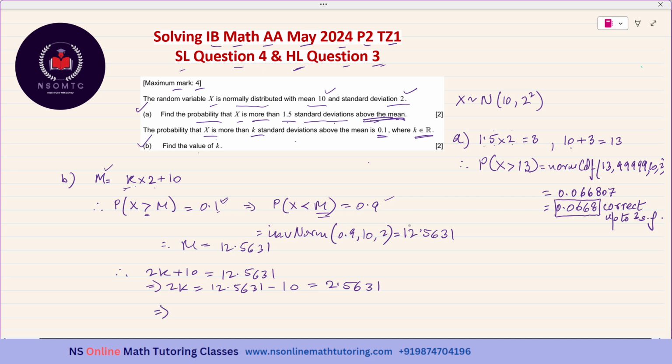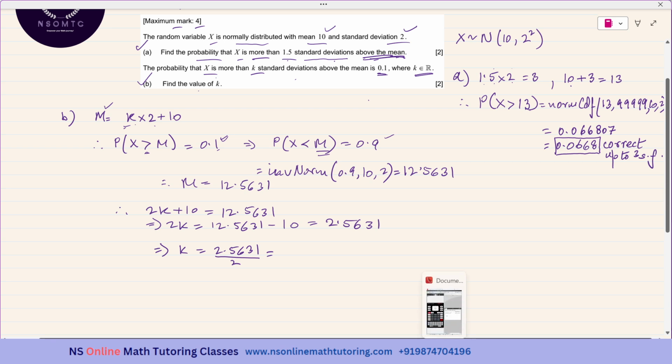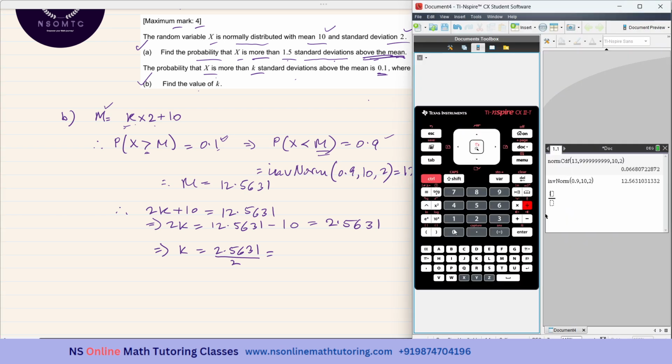So k is equal to 2.5631 divided by 2, which is 1.28155. After 3 significant figures, it is 1.28.